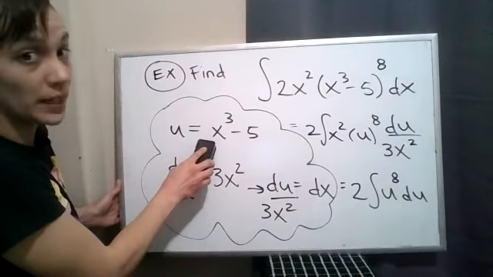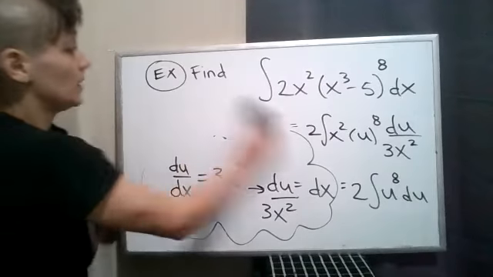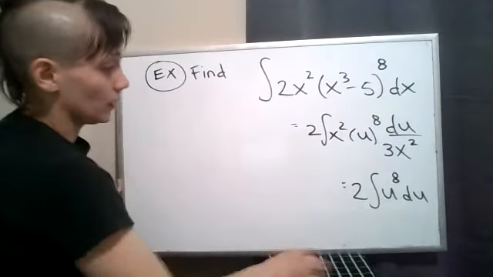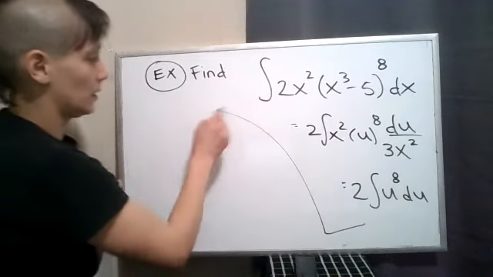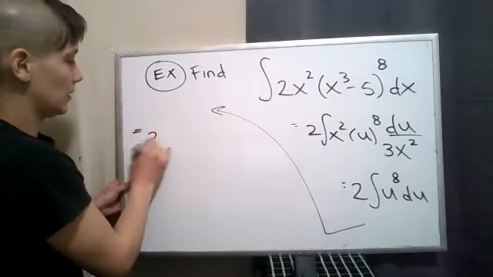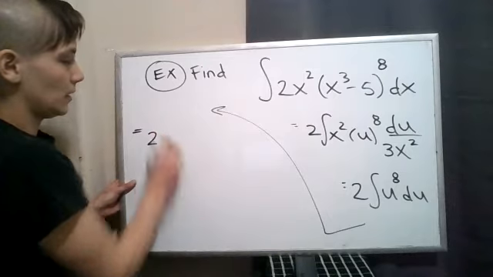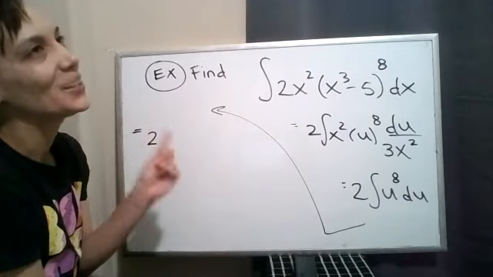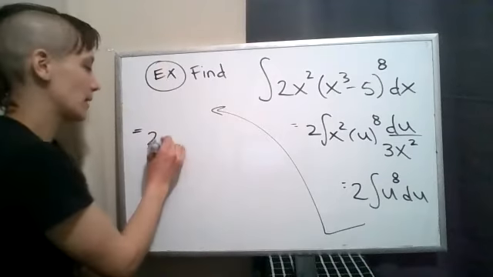And u is x cubed minus 5. Oh, we'll put that in later. We need to do the integral. So u to the 9th over 9 plus c.